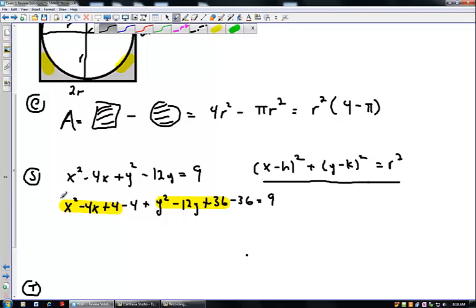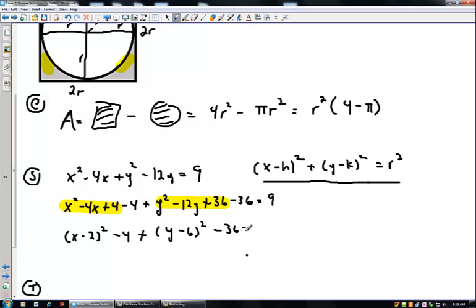So this is going to be x minus 2 quantity squared minus 4, plus y minus 6 quantity squared, minus 36 equal to 9. And then I'm going to add 4 and 36 to both sides, and I'm going to get x minus 2 quantity squared plus y minus 6 quantity squared equal to 49.